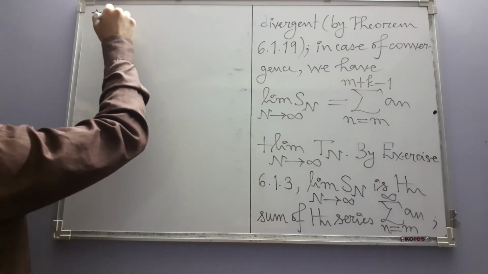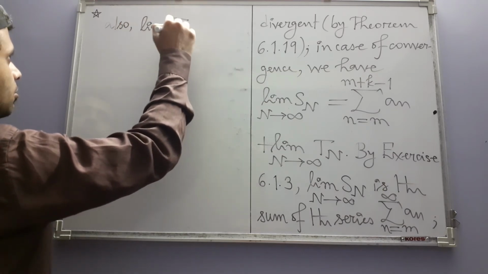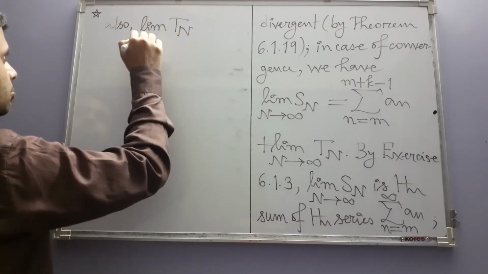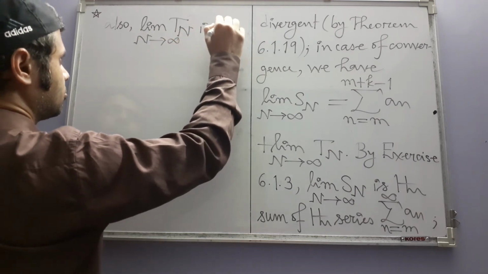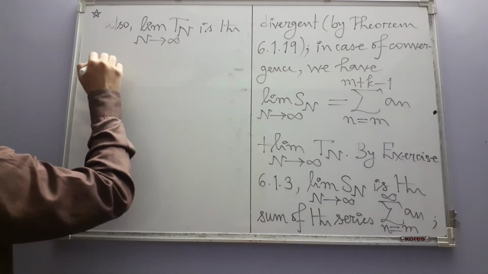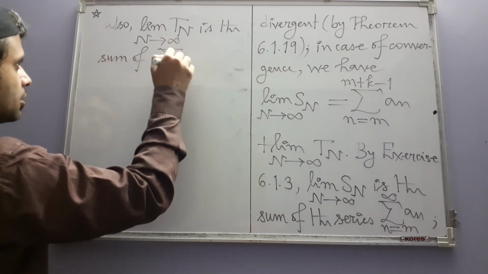Also, limit of Tn as n approaches infinity is the sum of this second one.